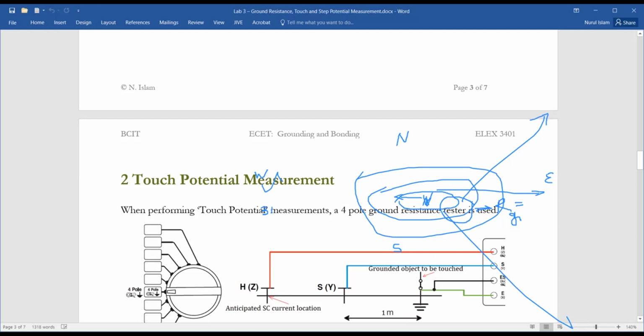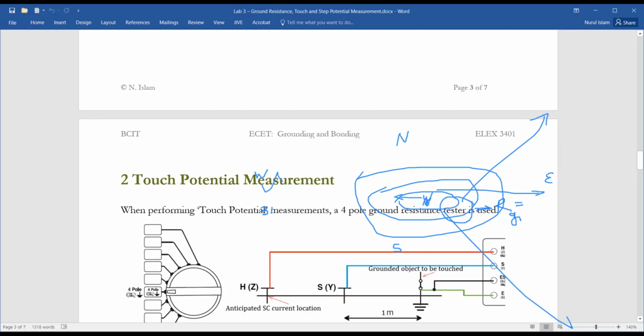Okay, if you have a substation surrounded by a fence, then 1 meter away from the fence you have to place this electrode and measure the voltage between this electrode and your substation's grounding object.